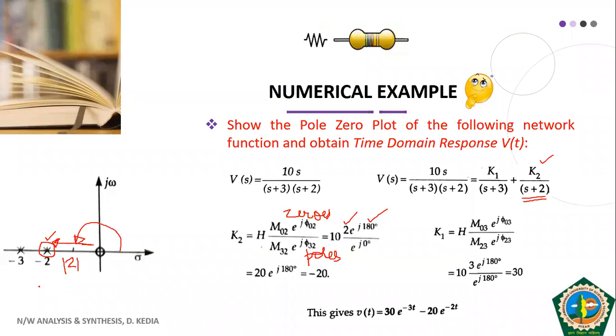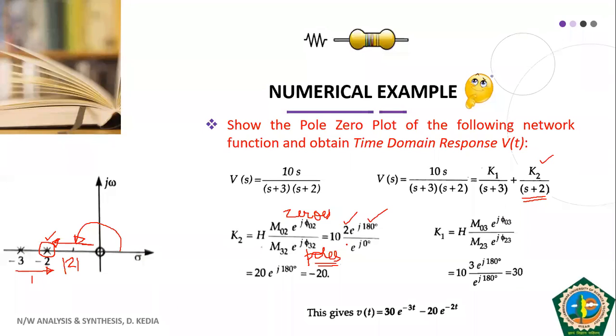Now let us see the denominator part. For the denominator, I told you that we will be looking at the considered pole from other poles. So we have one pole only. We will find the distance from that pole to the pole under consideration. So we have to calculate the distance between the -3 pole and the -2 pole. How much is the distance? 1.